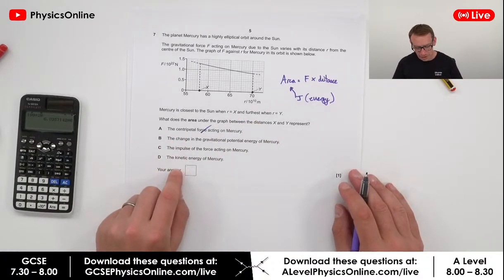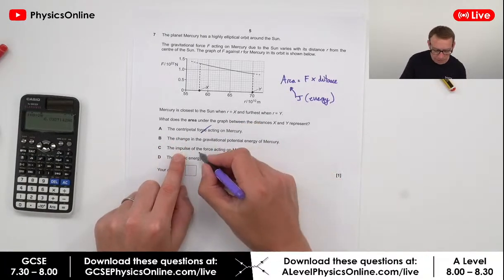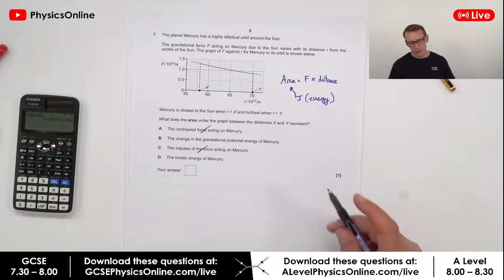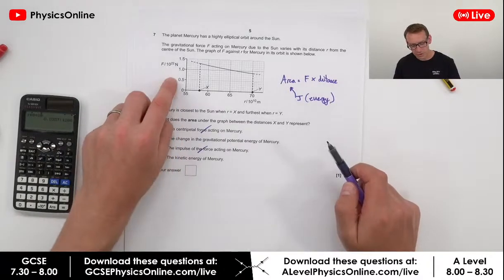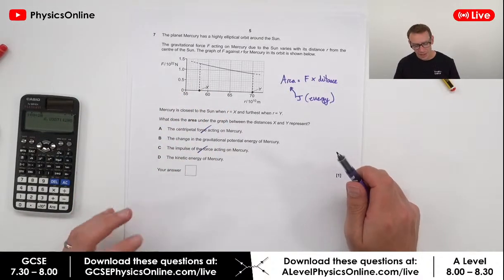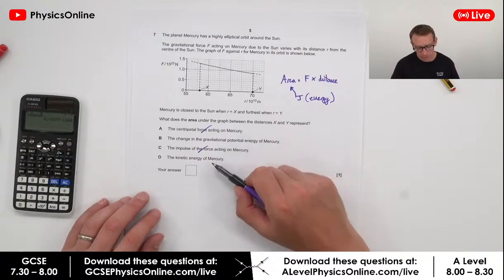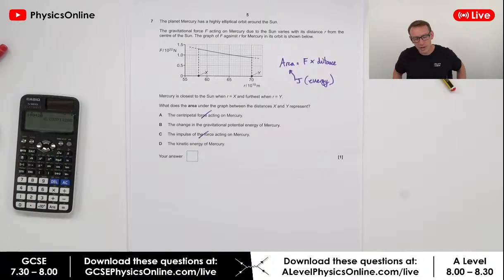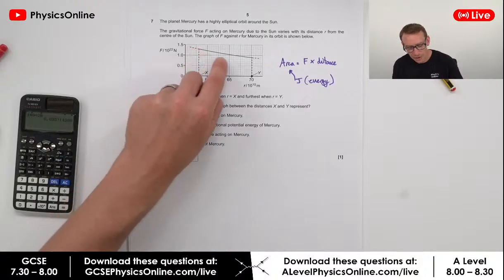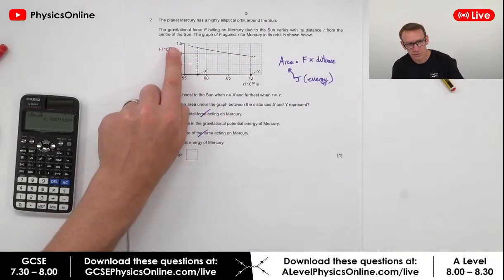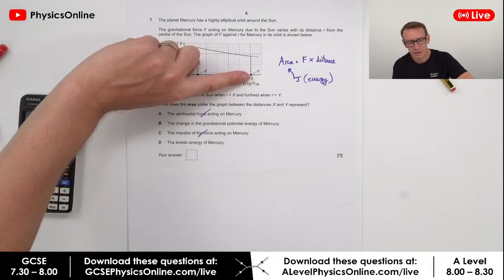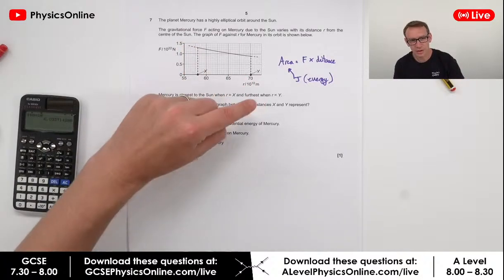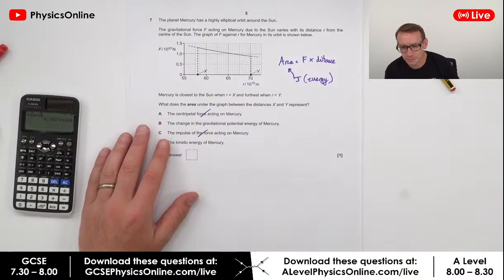It couldn't be the impulse of the force acting on Mercury because that's in newton seconds, and here we've got newtons times meters, so it's going to be an energy. So it's either gravitational potential or kinetic energy. So for this one, it's either going to be B or D. It can only be something to do with energy because the area under that line is equal to the force times distance in meters. So it's a newton meter, which is also a joule.